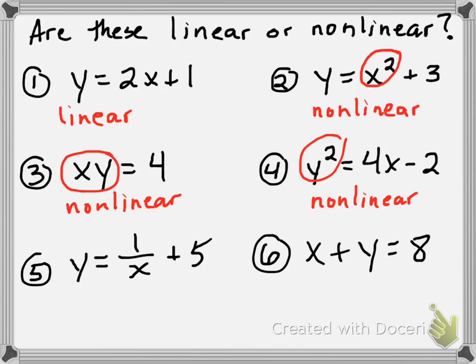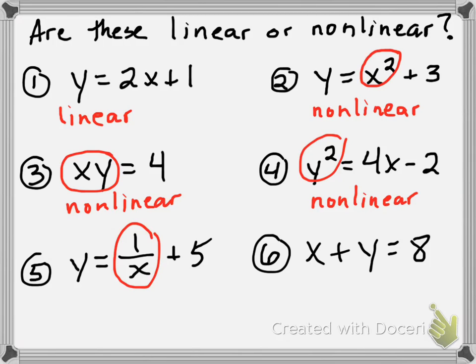Alright. Then number 5, we have y equals 1 over x plus 5. Okay. Again, 1 over x is on that list of things I can't have, because if the x is in the denominator, then that exponent is really negative 1. So I can't have anything other than positive 1.